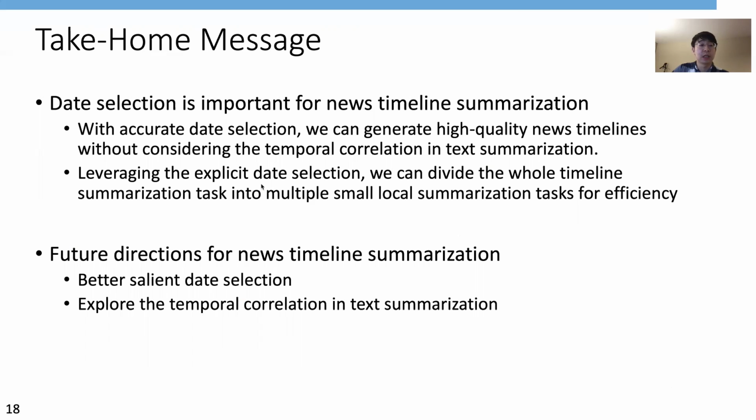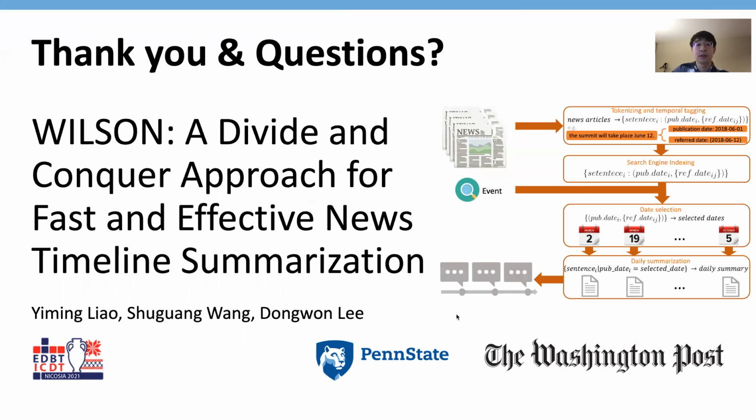And also, leveraging the explicit date selection, we can divide the whole timeline summarization task into multiple smaller local daily summarization tasks for efficiency. And we also signaled future directions for news timeline summarization. That is, we need better salient date selection, and we also need to explore the temporal correlation in text summarization for better daily summaries. Thank you very much.